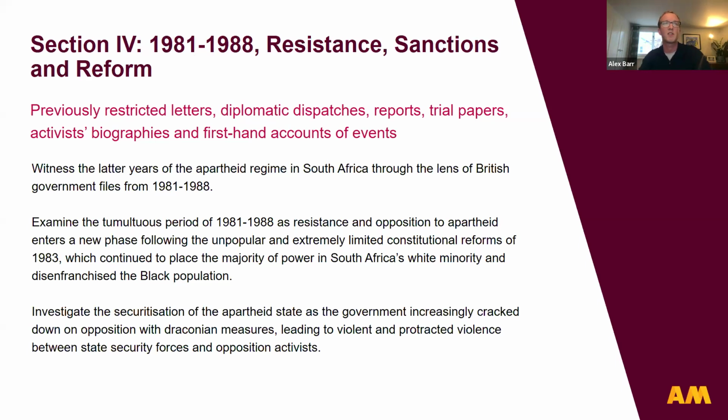So these reforms reinvigorated opposition movements, especially with the formation in 1983 of the United Democratic Front, an umbrella organisation formed to protest against the new constitution and organise boycotts against the 1984 general election.